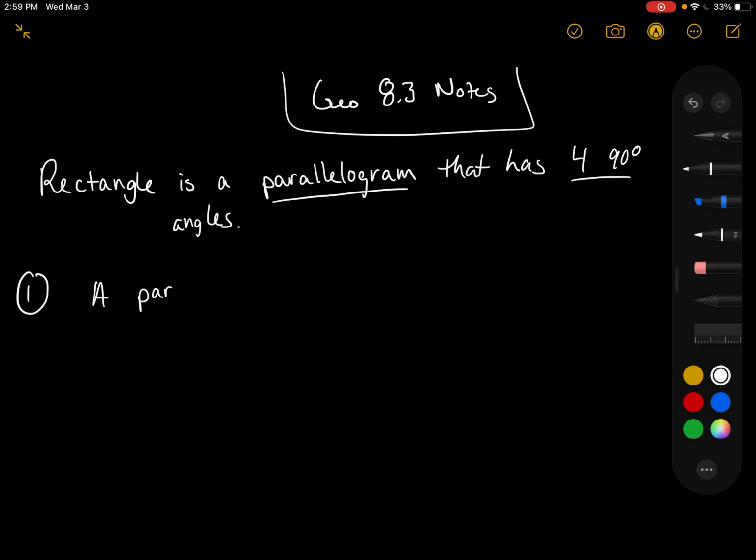The first one is that a parallelogram is a rectangle if its diagonals are congruent.